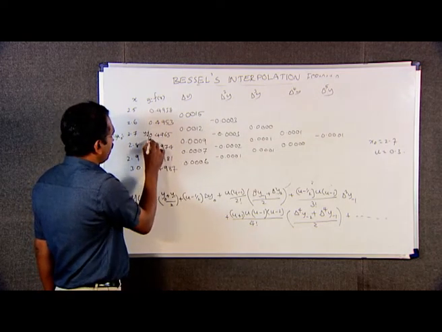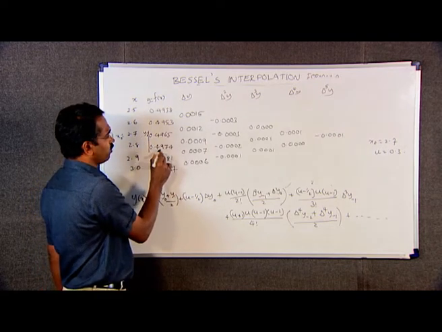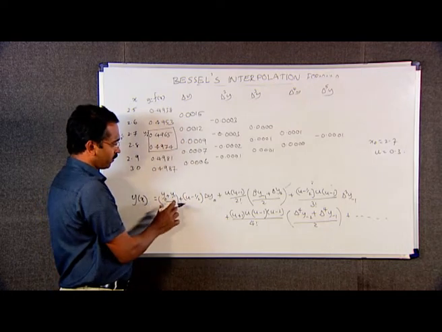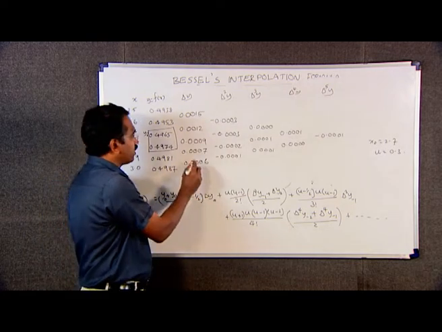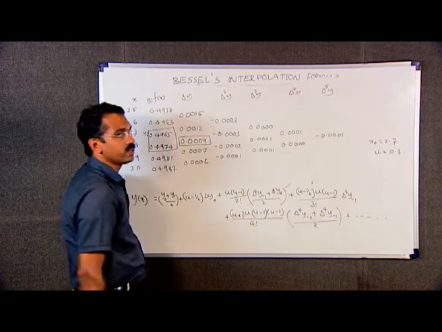So y0 is 0.4965, and y1 is 0.4974. These two will be in the first term. Delta y0 is 0.0009.